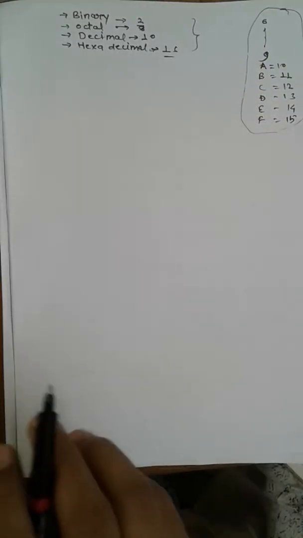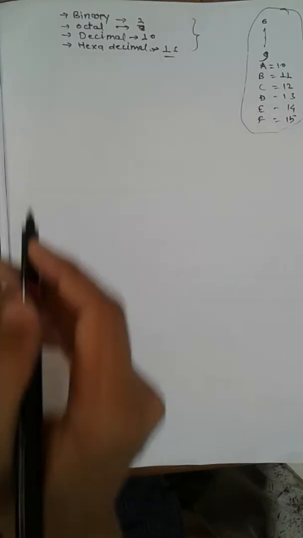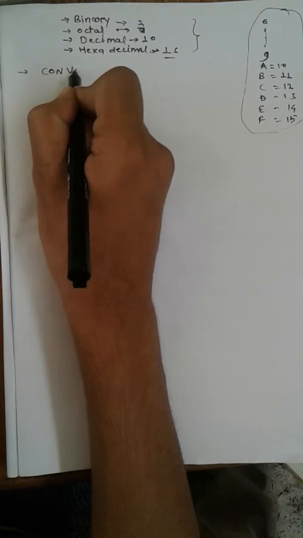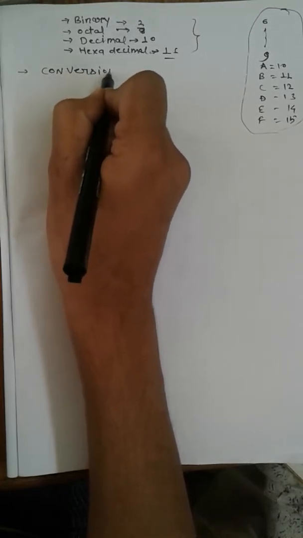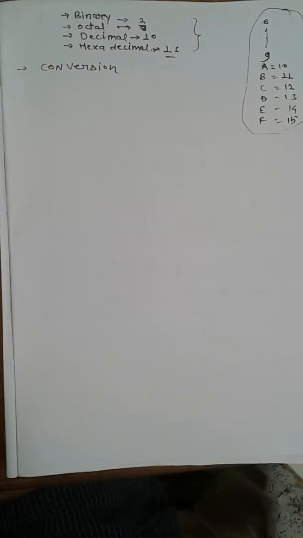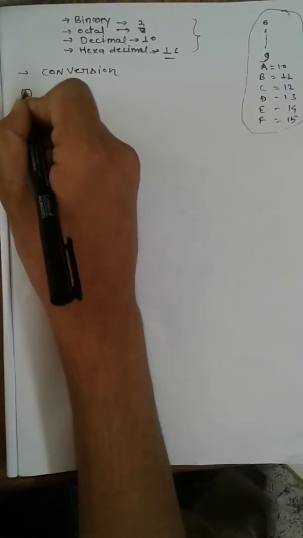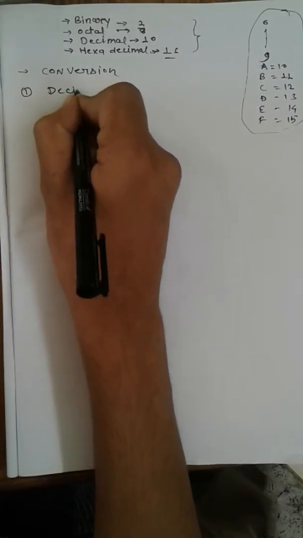Now we will move toward the conversion. Firstly we will see the basic conversion, then we will go through the conclusion on how to calculate. Firstly, see decimal to binary.